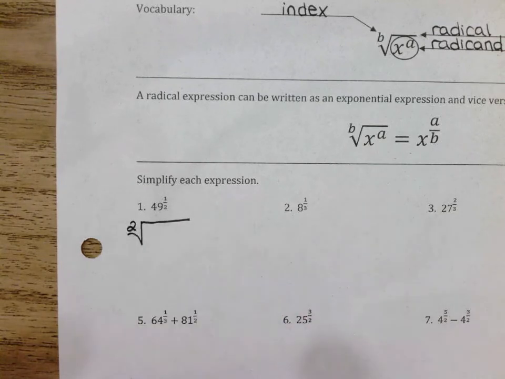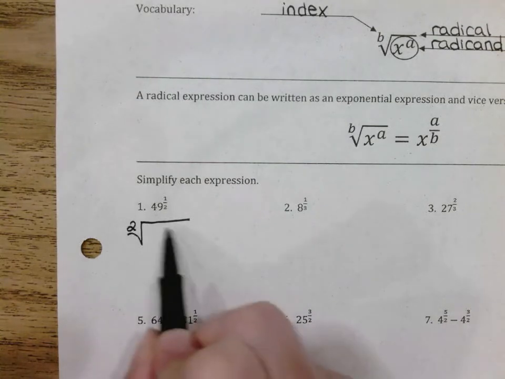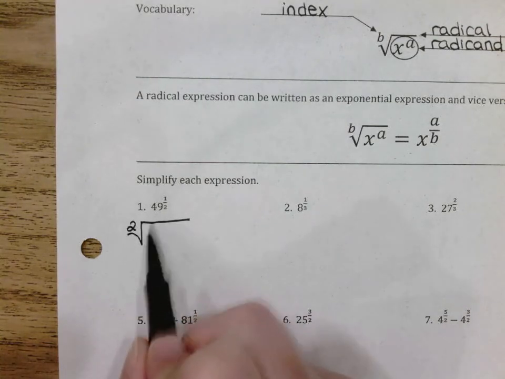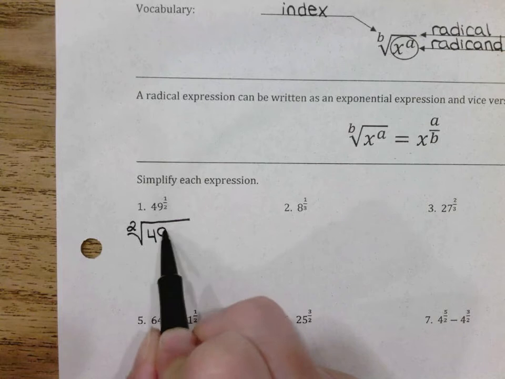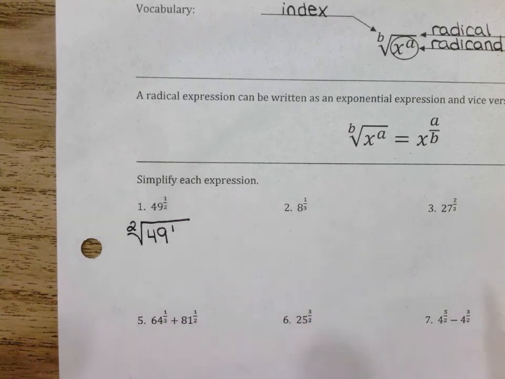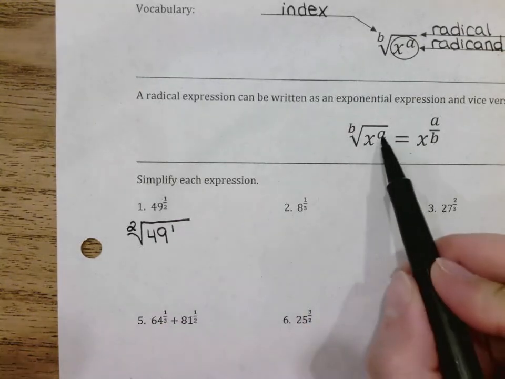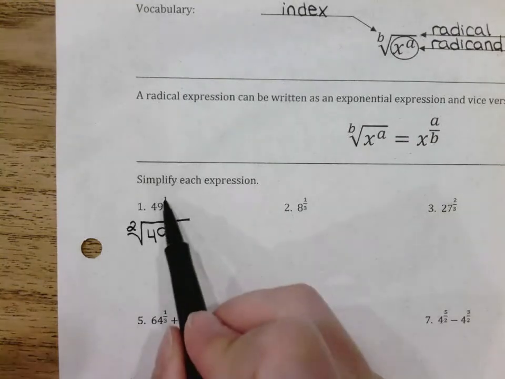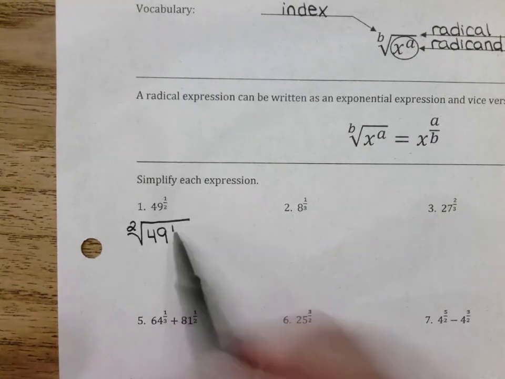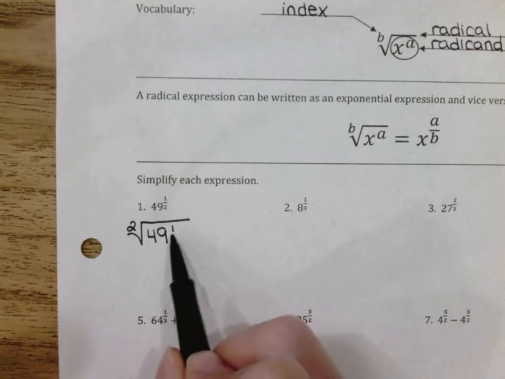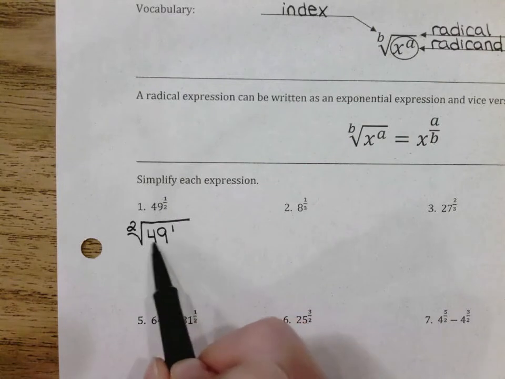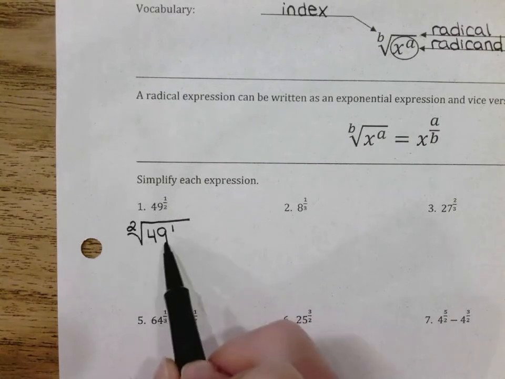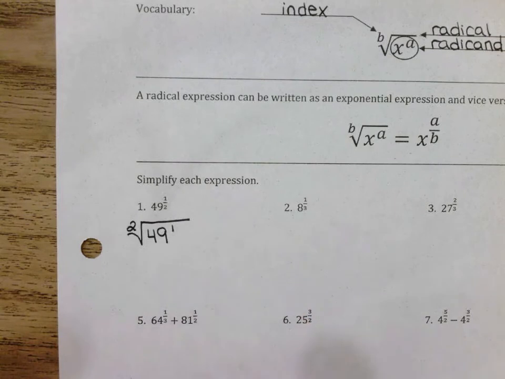We know our index is going to be a 2. And then the radicand, the stuff underneath, well, that's going to be 49 to the first power. Remember up here we said the exponent comes from the numerator. So my numerator is 1. So I know that's my exponent. But an exponent of 1, that doesn't really change anything. It's still just 49, so I didn't really have to put that 1 there.